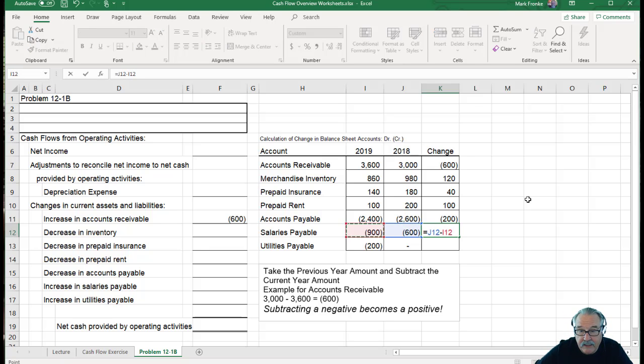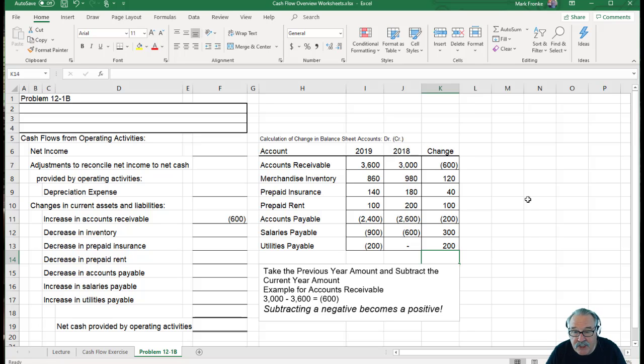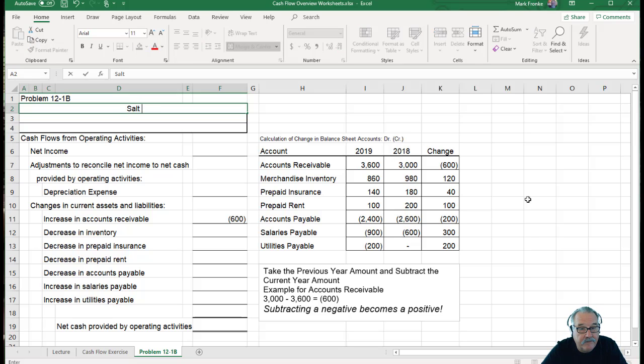Now, again, if you just follow the mechanics of what I'm doing, I am just taking the net change by taking the previous year balance and subtracting the current year balance. So now I have my changes that I'm going to then plug into this schedule on the left, which is going to be the operating section of the cash flow statement. So this company is the Salt Lake Company.